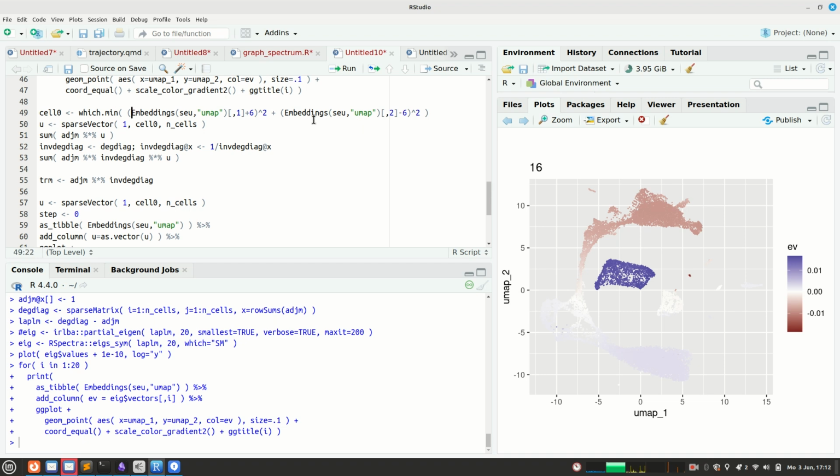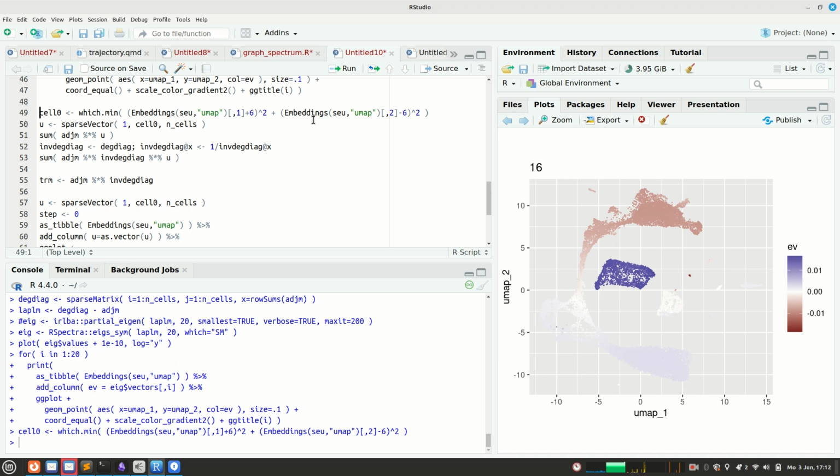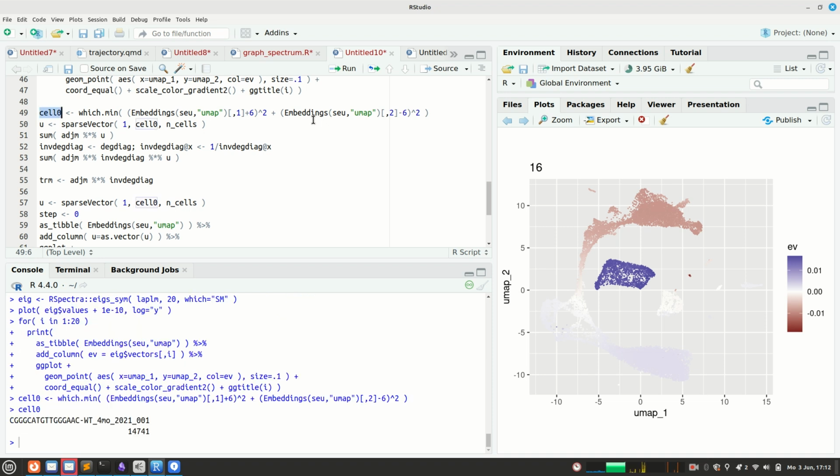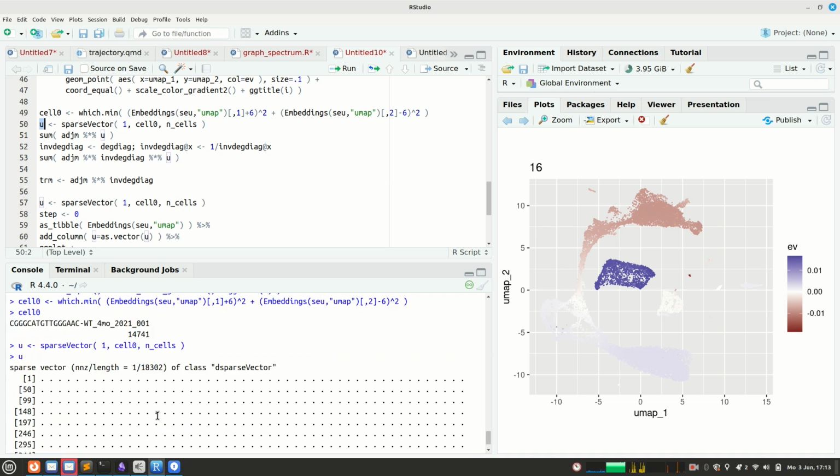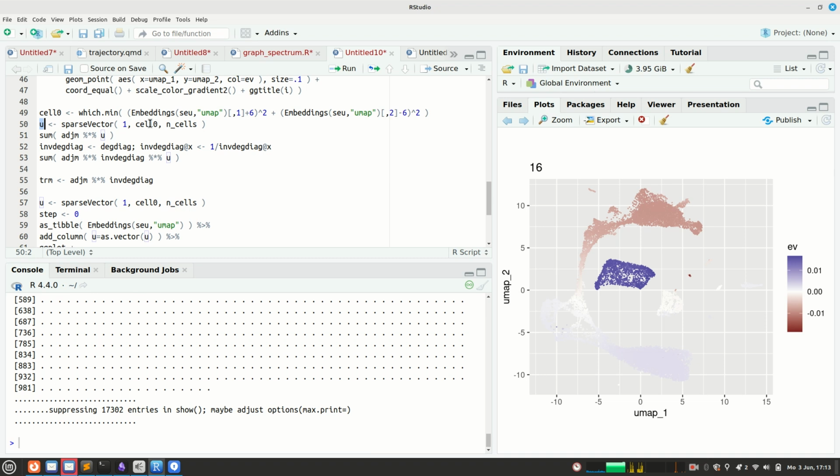So I take the UMAP coordinates and calculate the distance to the point -6,6 and take the index of the smallest one, and now I see the cell number 14741 is a cell here. Now I make myself a vector which has 0 everywhere except for a 1 at this point here. So this vector has only a single 1 at this element.